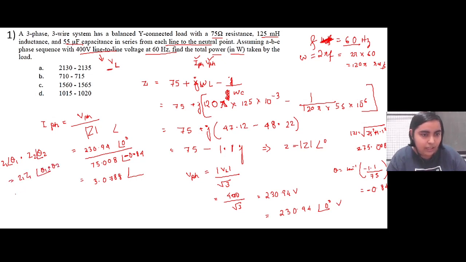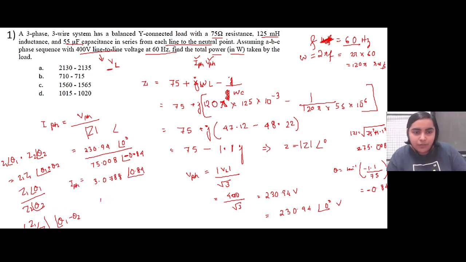And if it is divided, z1 theta 1 by z2 theta 2, it will be z1 by z2 for the magnitude, and theta 1 minus theta 2. So in this case this will go up and be 0.84. So we have the phase current.